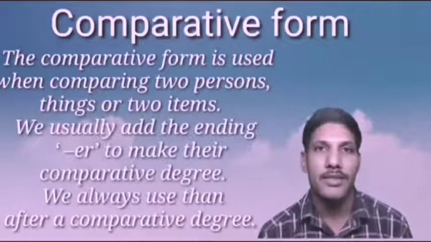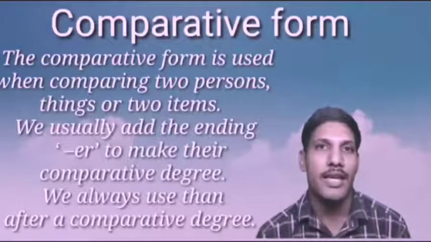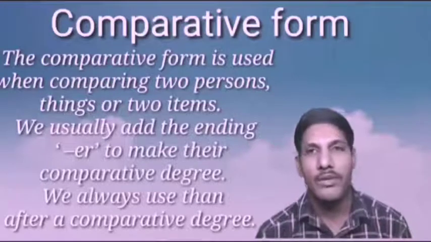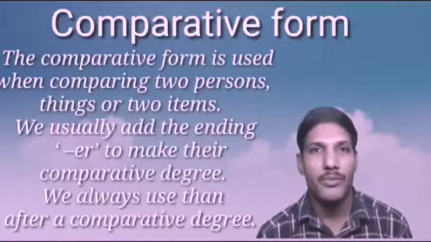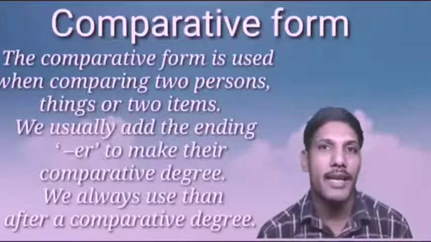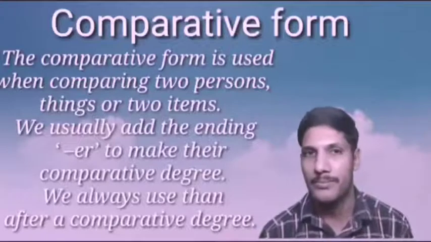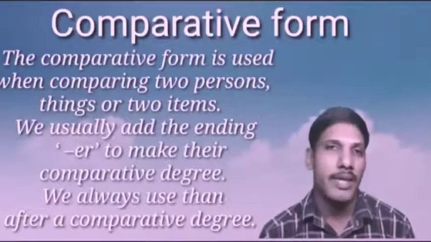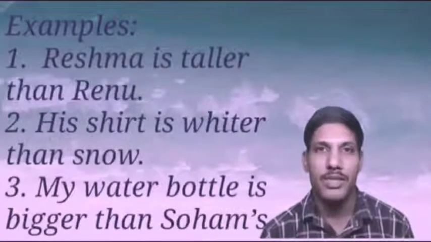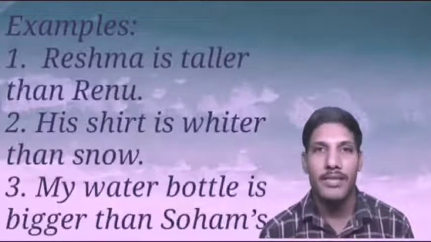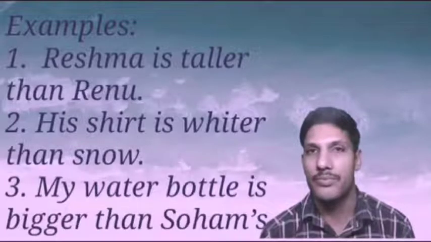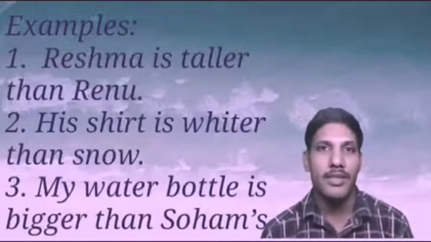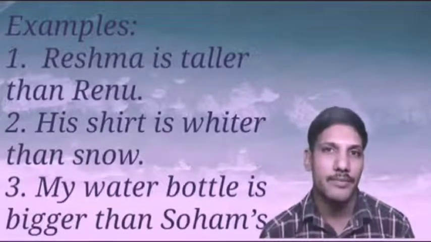One thing that should be noticed is that whenever we use the comparative form, we add than after the comparative form. Let's see some examples. The first one is Reshma is taller than Renu. In this example, the height is compared.